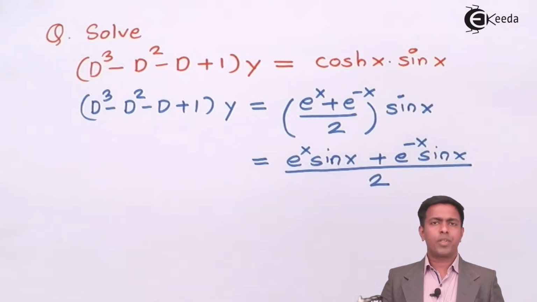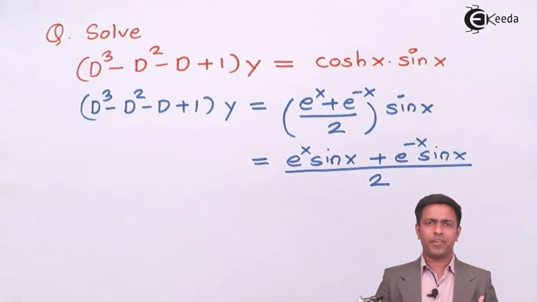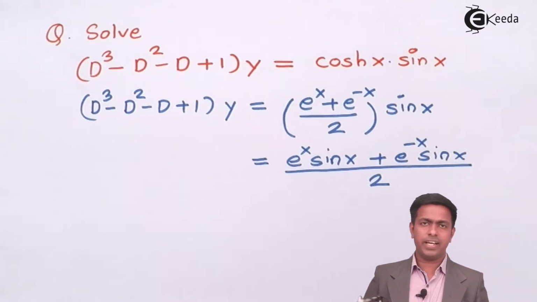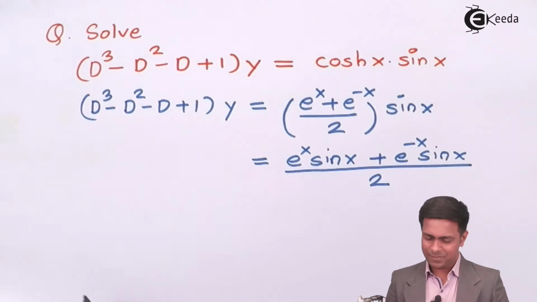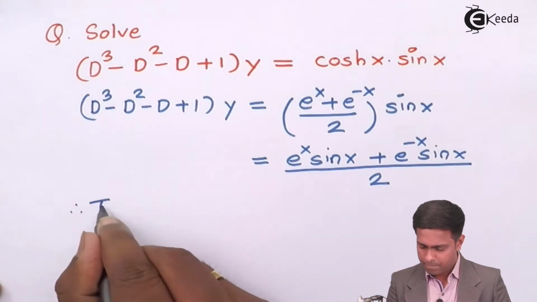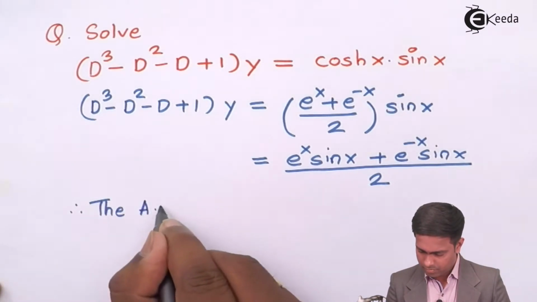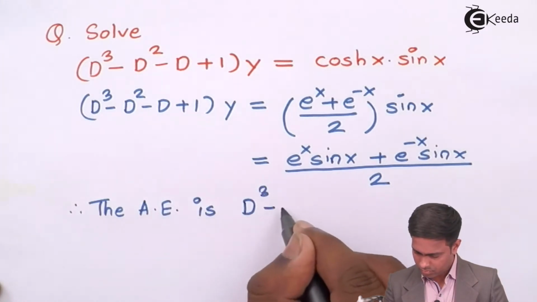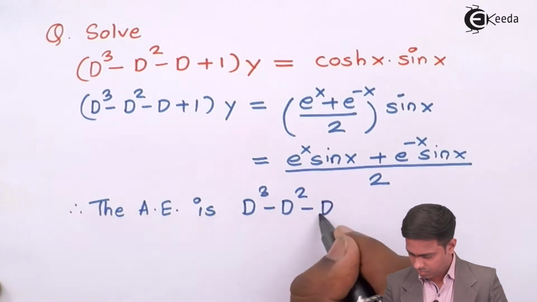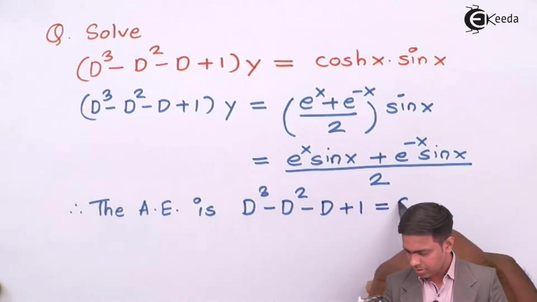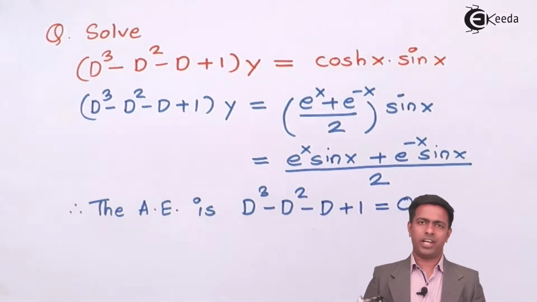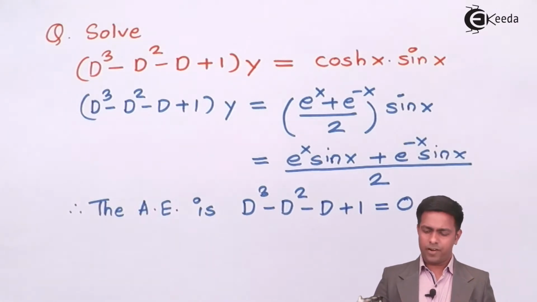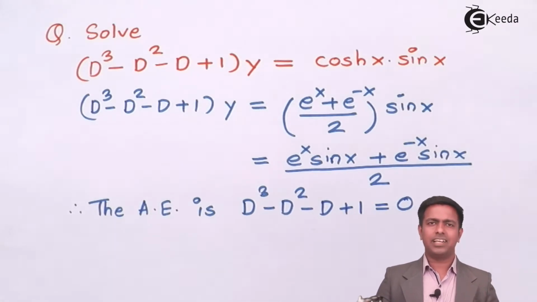Accordingly, we will first find the complementary function. For that, we'll find the auxiliary equation. So guys, this is the auxiliary equation, which is a cubic equation, and if we solve this, we will get 3 roots.